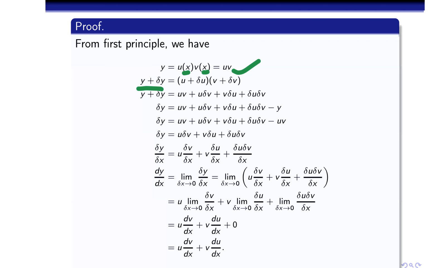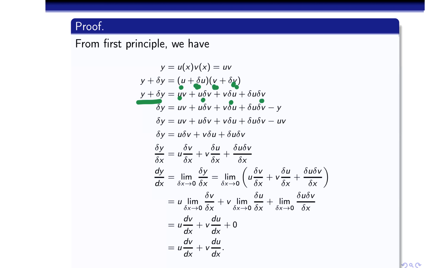So a change in u and v, which will make uv become u plus du times v plus dv, will also lead to y plus dy, or delta y if you like. So the next thing is you expand everything. You have y plus delta y, then u times v, uv, u times dv, u dv, du times v, v du, du times dv, that's du dv.